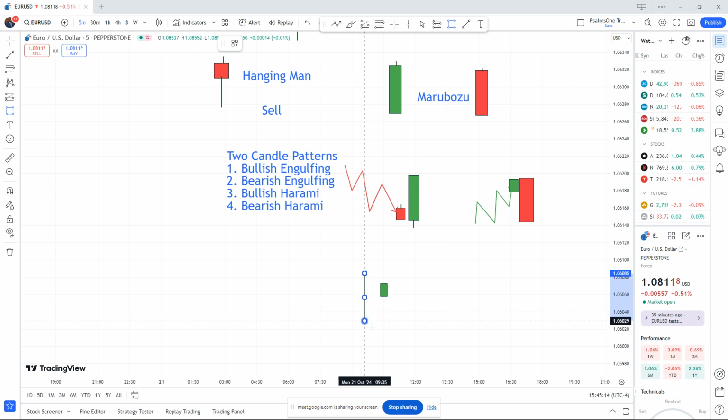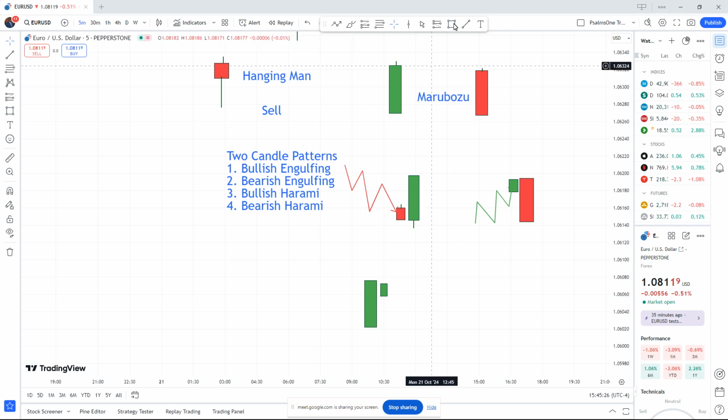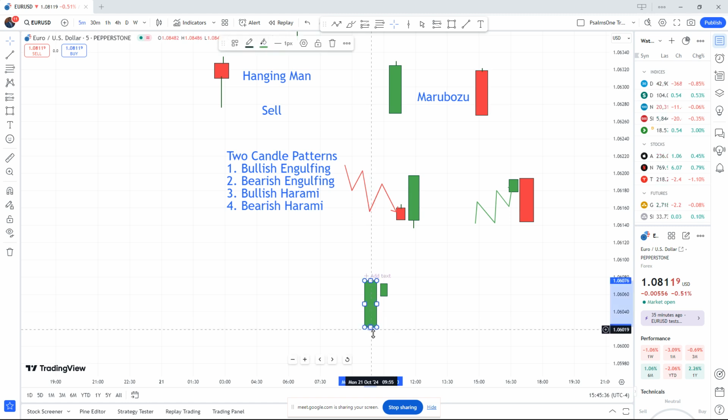Are we still together? Okay. So let me name this one red candle. Bullish engulfing. Remember, bullish means up.